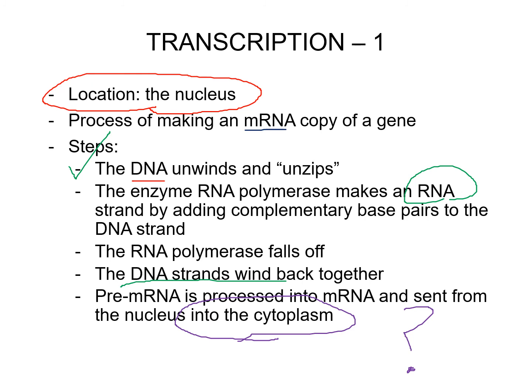And where are the protein makers found? They're found outside the nucleus, right? Anywhere that's not considered the nucleus is called the cytoplasm. So even if it's just on the outside of the nucleus, if it's the rough endoplasmic reticulum or it's just floating around in the water, that's all cytoplasm, where those ribosomes are housed. So let's go on to the next slide and show you what this looks like.